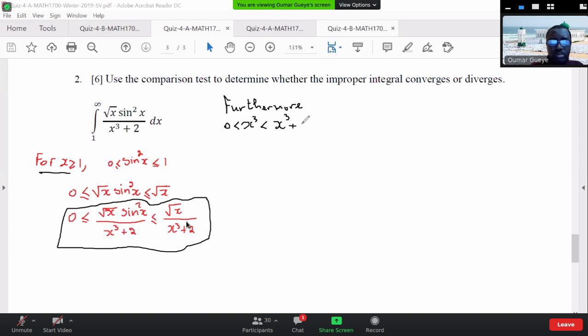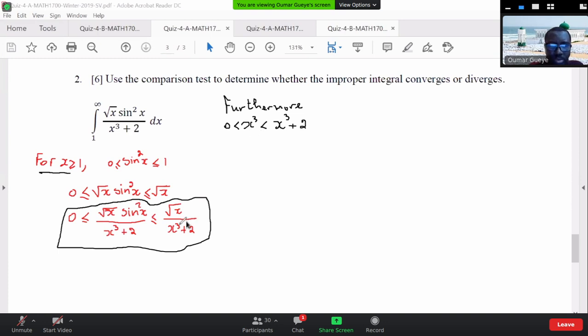I'm trying to squeeze the right hand side here because I don't have 1 over x to the power p. If you guess, x cubed plus 2 is going to be greater than x cubed, because you just add 2 to x cubed. It becomes greater.